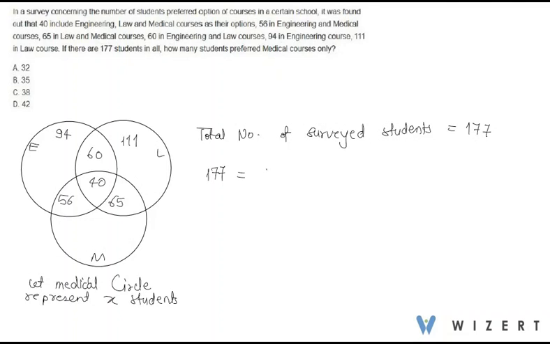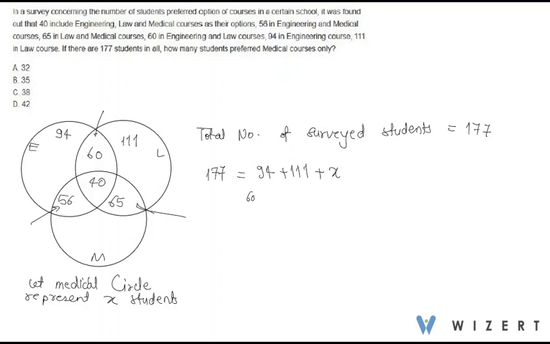So we can say that 94 plus 111 plus X, these three when added should give us total number of students, but since 94 is including 60 and 56, 111 is including 60 and 65, and X is including 56 and 65, what do we have?